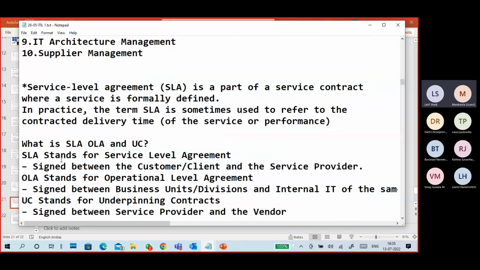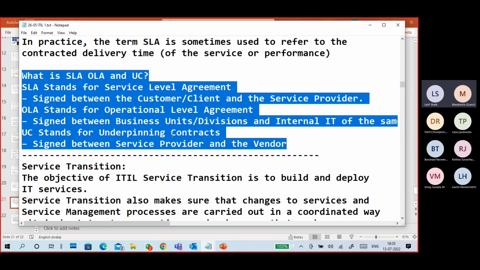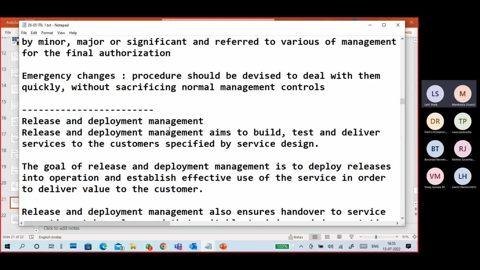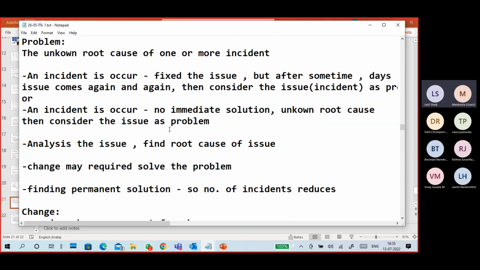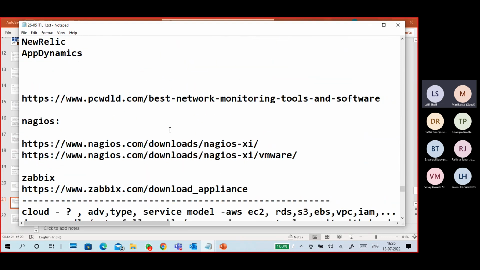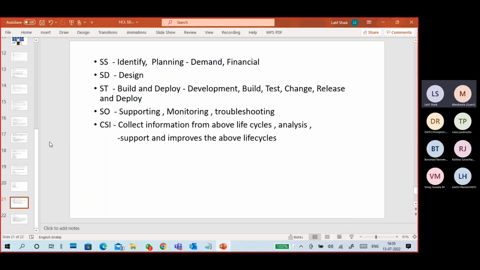Also, I will tell about what a service level agreement is. Just definitions I will tell. These parts are completed. Anything left over or anything other than this, we'll discuss.